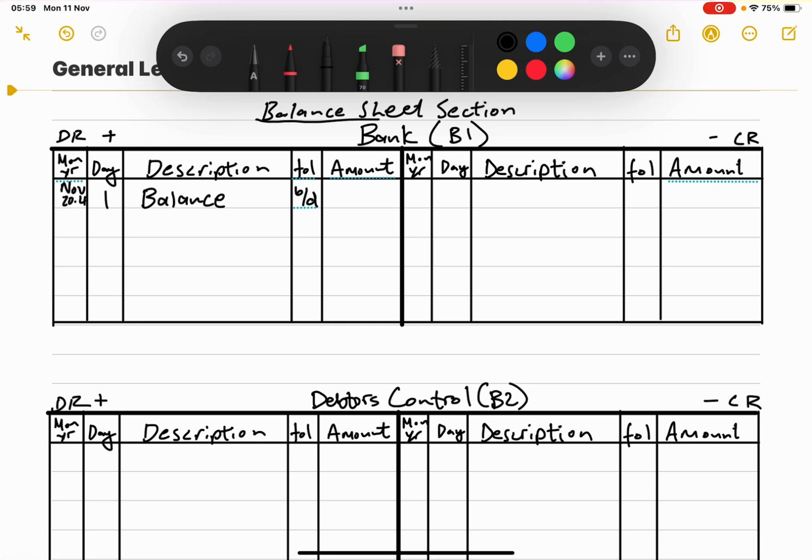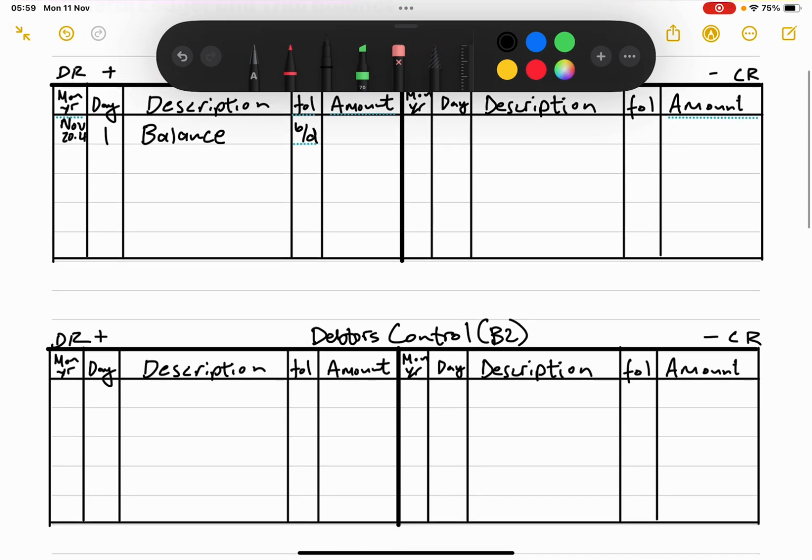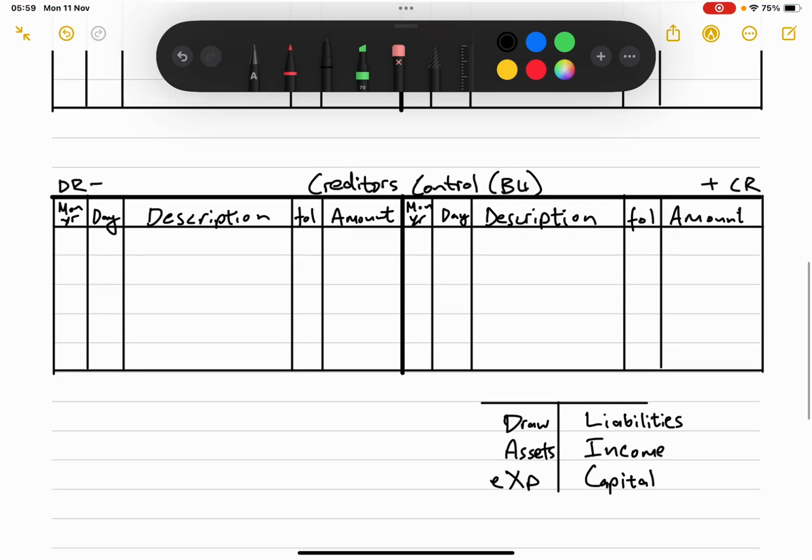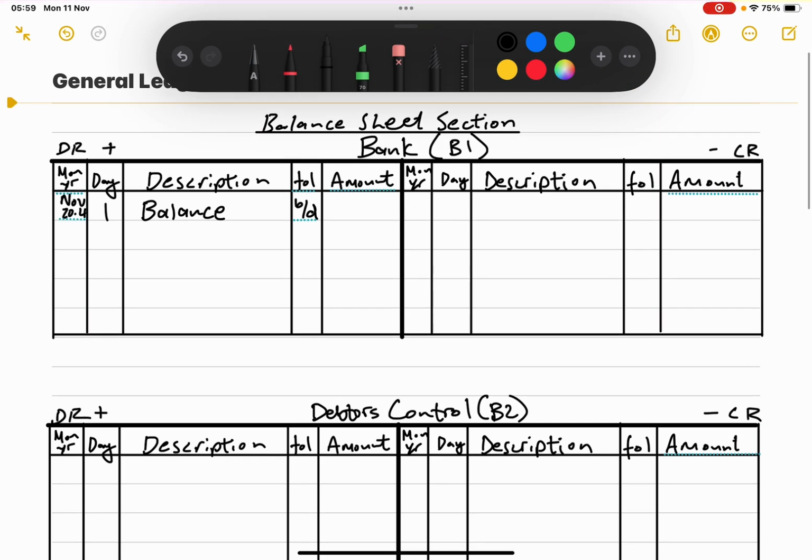So you have the balance sheet section and you have the nominal section. All four of these accounts are in the balance sheet section. And when you see the word balance, you know that you're going to have to balance the accounts at the end of the month. I'll show you how to do that now.